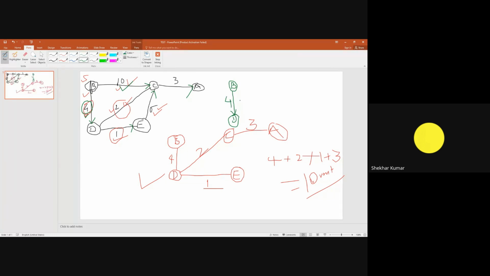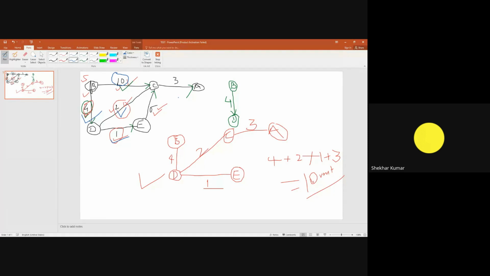Next, we will find the next minimum. We have B to D selected, and in the directed graph the edge associated with C is 10. 4 is also covered. From D, we have two paths, D to C with cost 2, and D to E with cost 1.